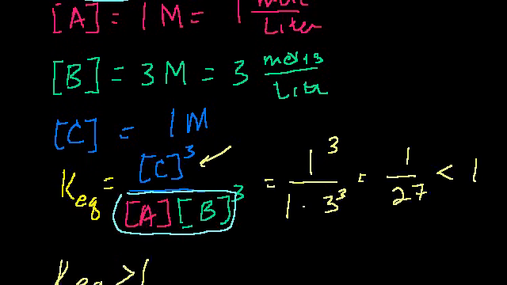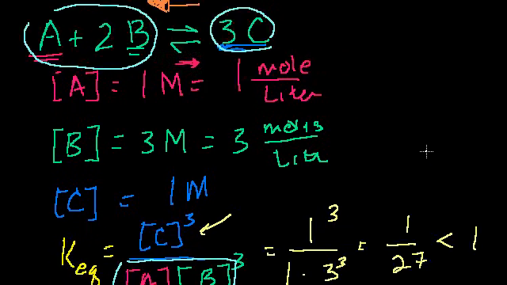The other interesting thing is you can then figure out what happens if I add another mole of A to the reaction. So let's say I throw some A into the reaction.